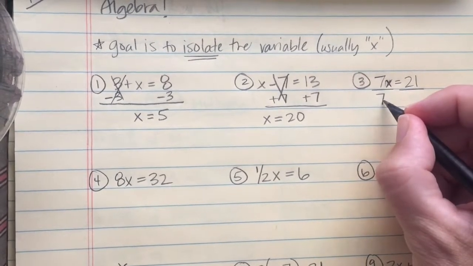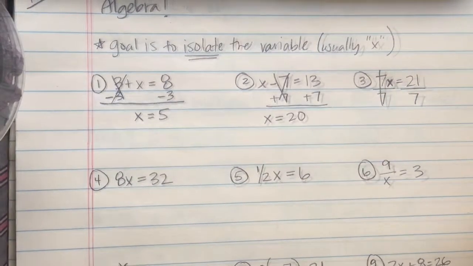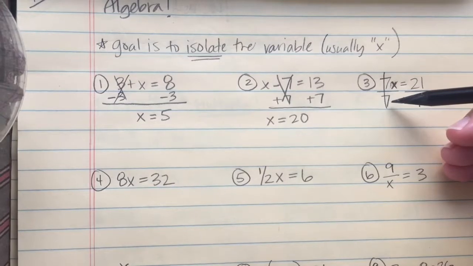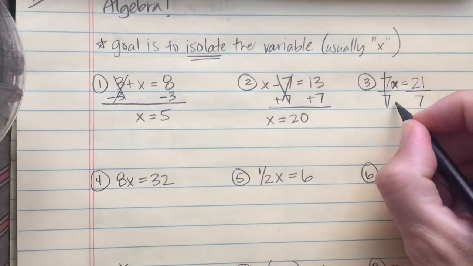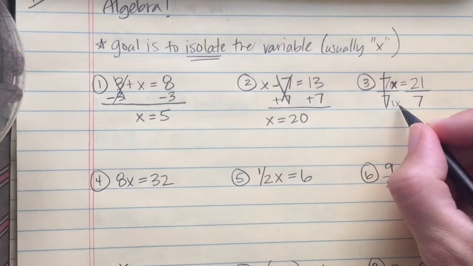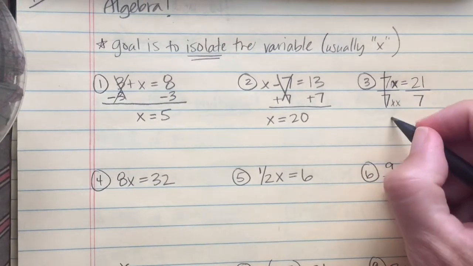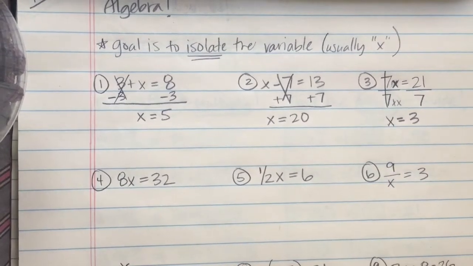And whatever I do to one side, I have to do to the other. So the 7s cancel out. Now with division, 7 divided by 7, well, that's not 0, that's 1. So essentially, you're just left with 1x. But we don't usually write 1x, we just write x. So it would be x equals 3. Okay?